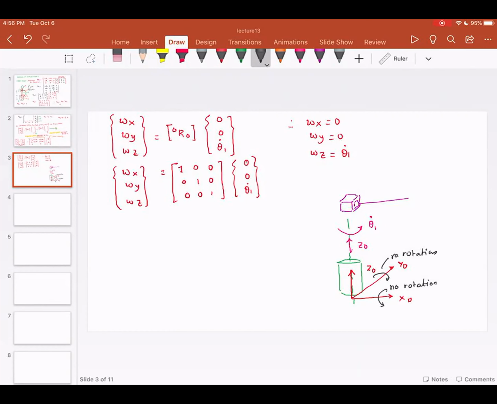The only rotation that is possible is about Z naught. And that's why we just have omega Z equal to theta 1 dot. There is no omega X, there is no omega Y. Everyone understood? Any questions here?